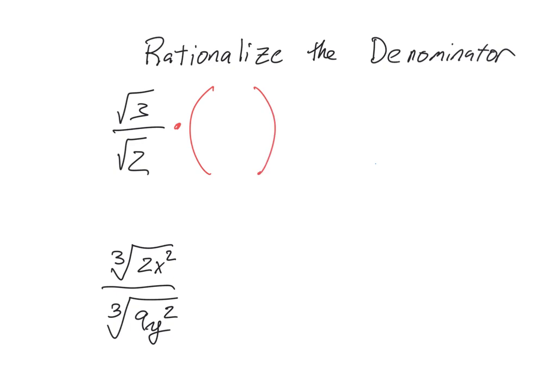And I have to think, what can I multiply the denominator by that gets rid of the square root of 2? Well, if I multiply the denominator by the square root of 2, because those are inverse operations, and whatever I do to the bottom, I do to the top, because I'm multiplying by 1, in the bottom, the square root of 2 times the square root of 2 is the square root of 4. And the square root of 4 is 2.